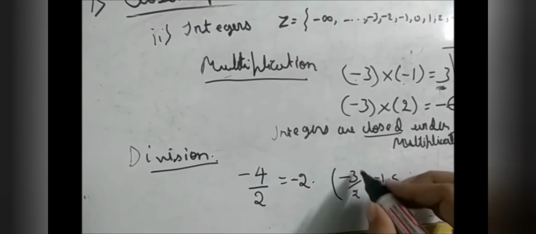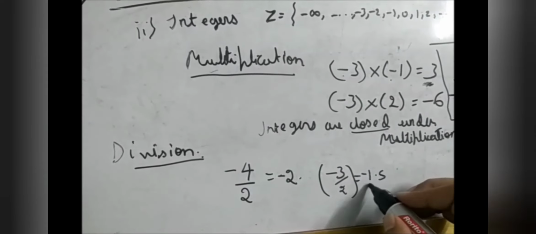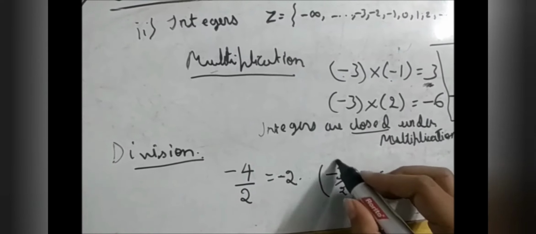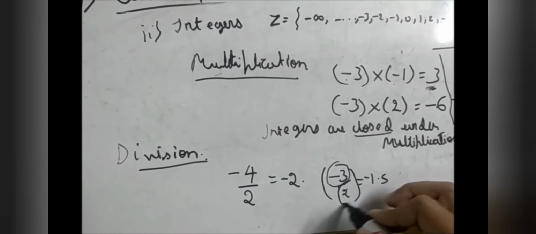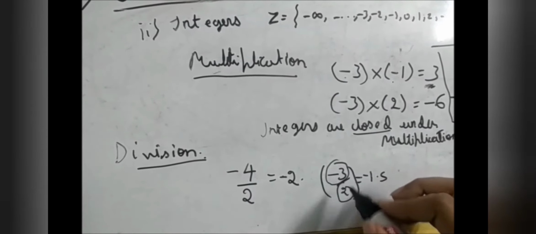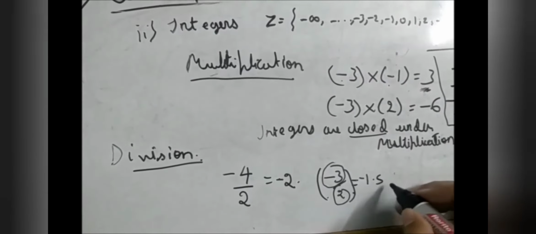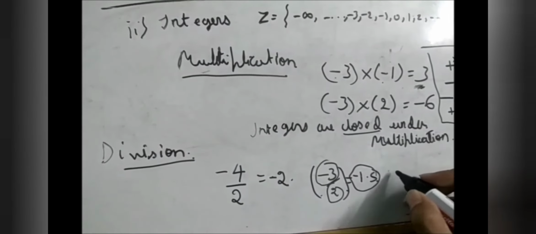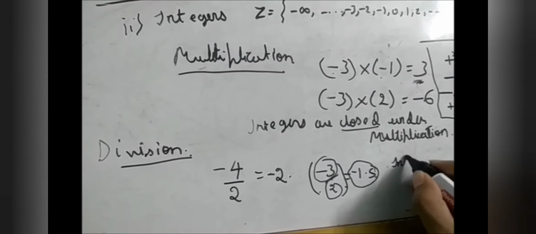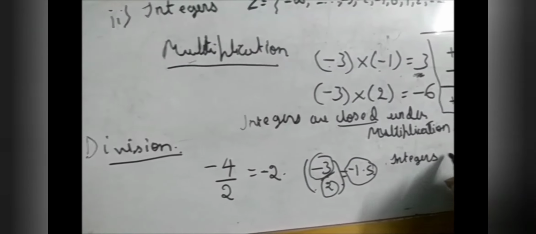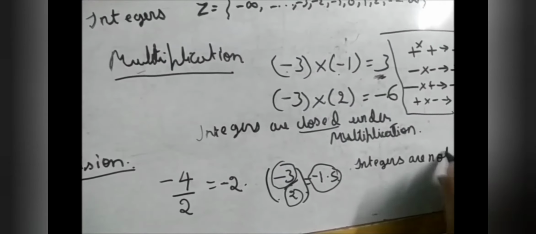This is actually a rational number. This is an integer. When we divide these two elements from the integer set, we get a rational number, and the result is not present in the set of integers. So we can conclude that integers are not closed under division.